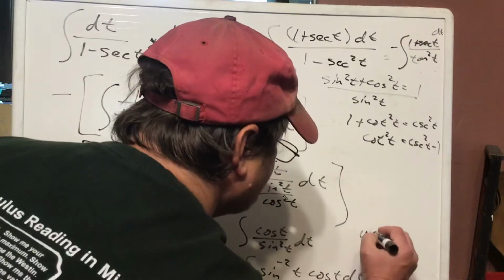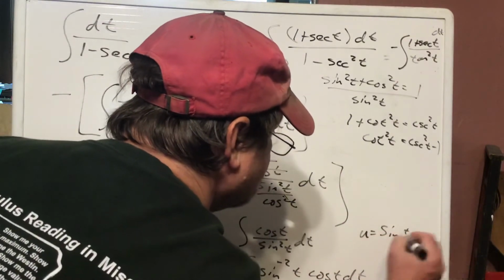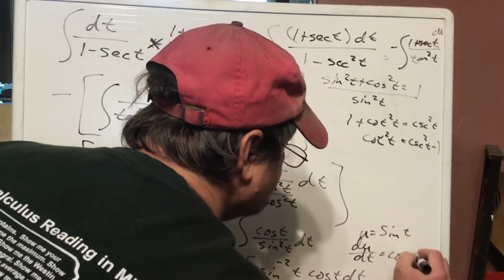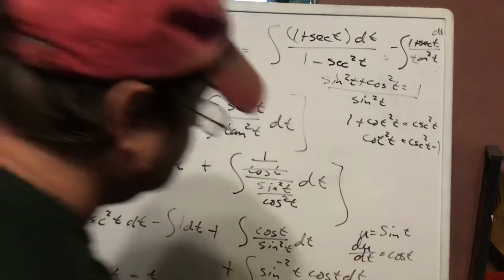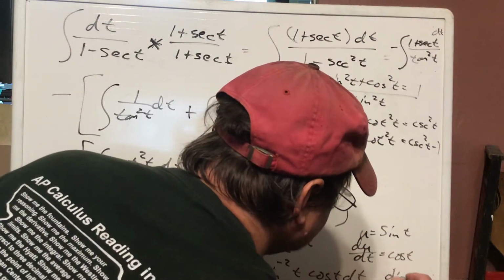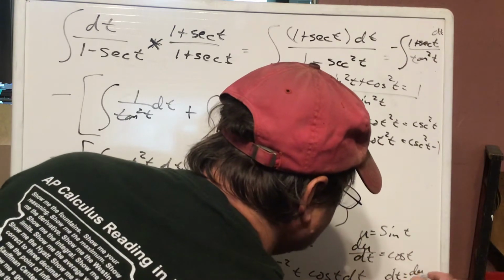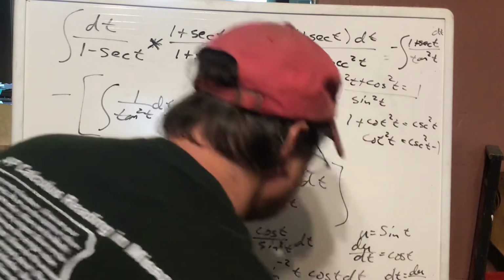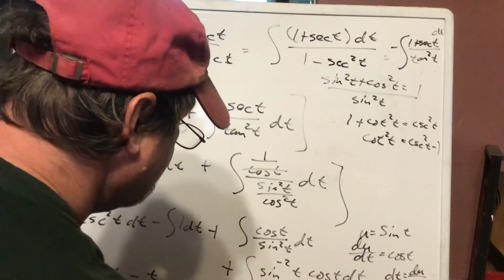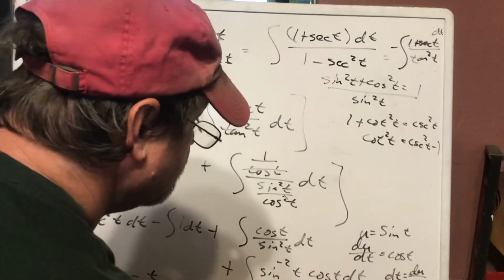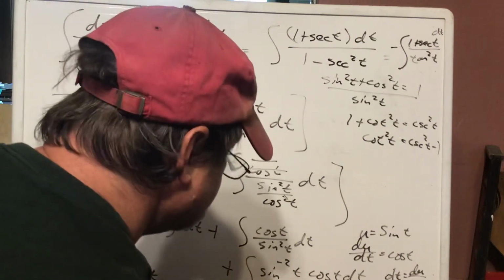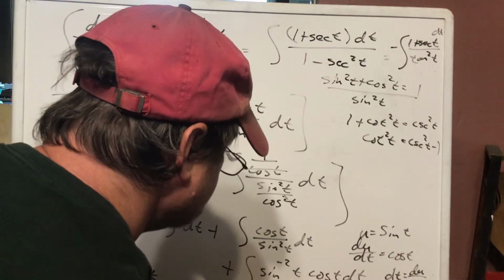Over here, I still have a little bit more work to do. I have to say, let u be sine of t. du dt is cosine t. And therefore, dt is du over cosine. And if I make that substitution in here, I've got u to the minus 2. Cosine t dt is du over cosine t.